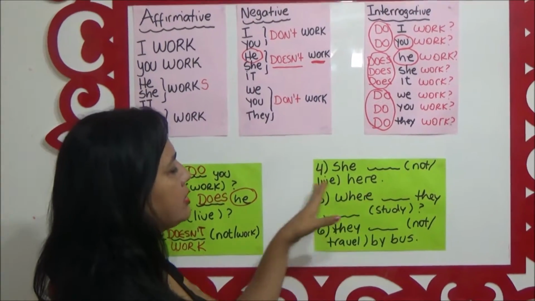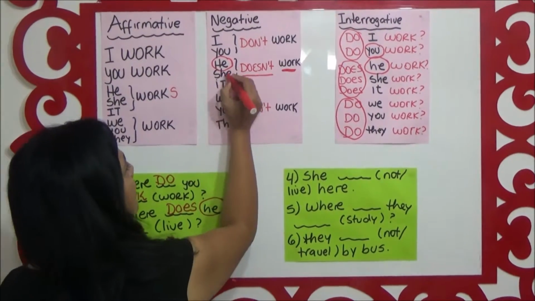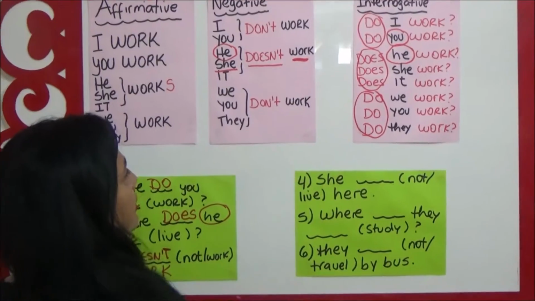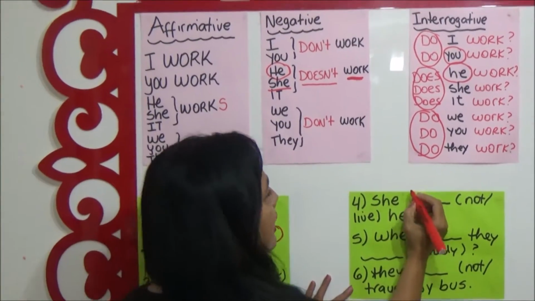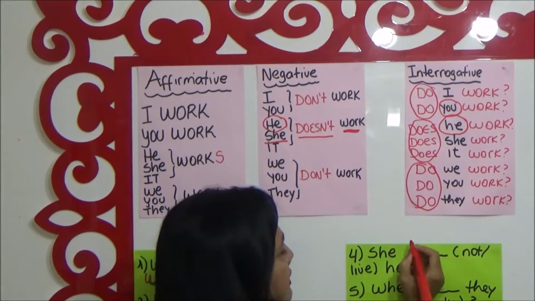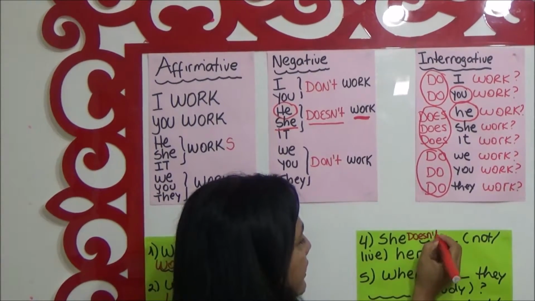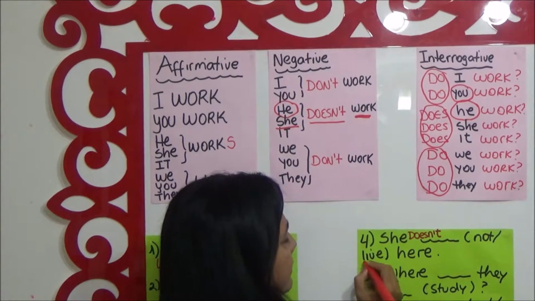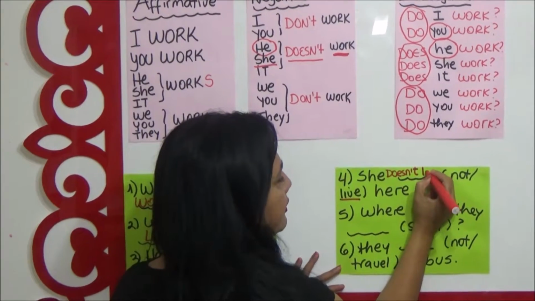Alright? Now what about number 4? She not live here. When we talk about she, and it is a negative sentence, we use again the auxiliary doesn't. So it is, she doesn't, and the verb live remains in the infinitive.